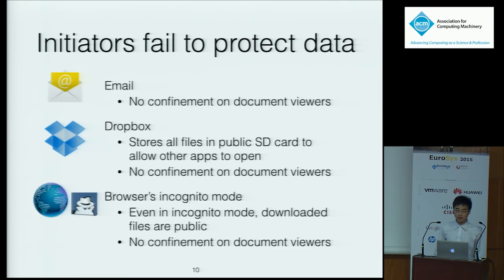And many browser apps provide incognito mode, which means when the user terminates the browsing session, all browsing history will be erased from the device. However, currently, even with incognito mode, downloaded files are public and accessible by other apps. And these other apps may make copies of these files, and the browser has no way to erase such copies.